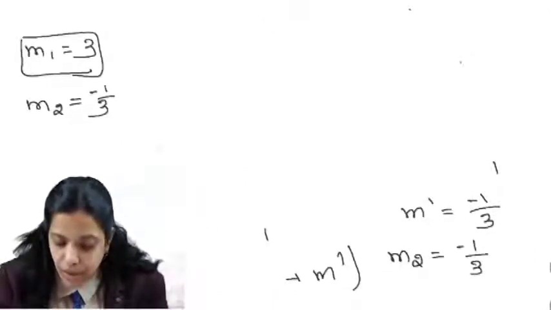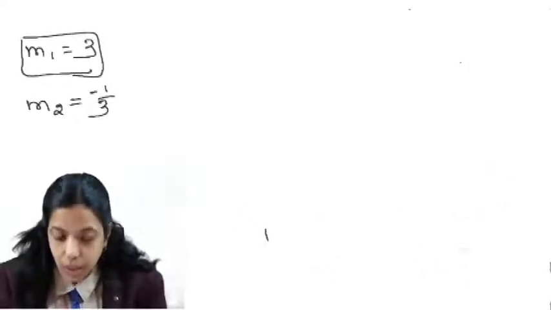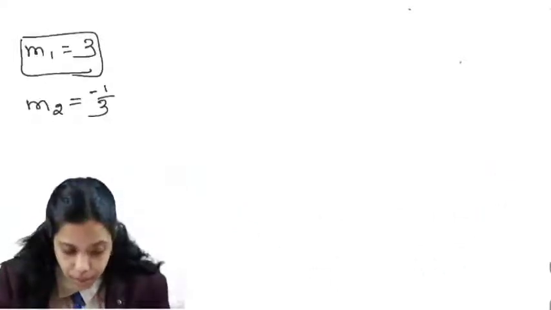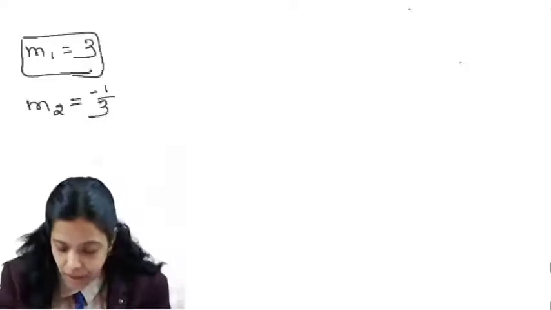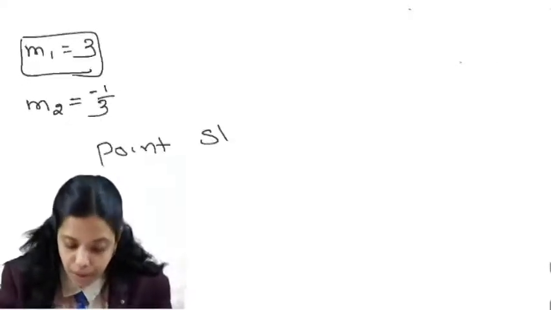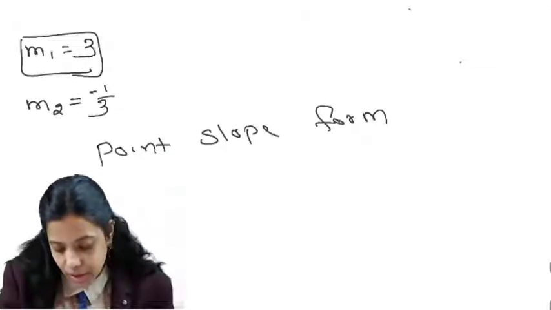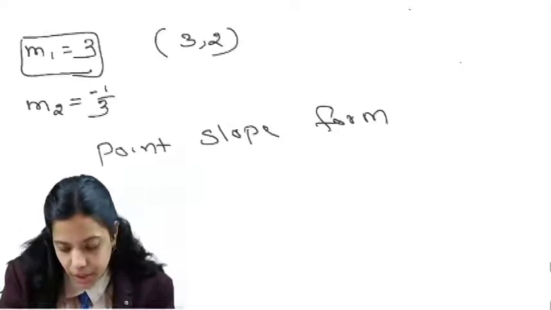Now since we got the slope and we know the point the line passes through, which is given as 3, 2, we can find out the equation of the line by point slope form. So here I am going to apply the first one. Here 3, 2 is the point given and the slope in the first case.